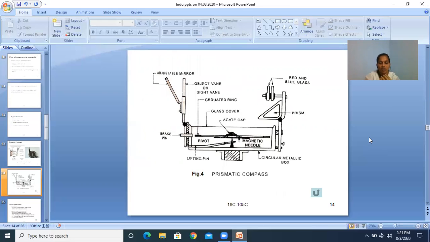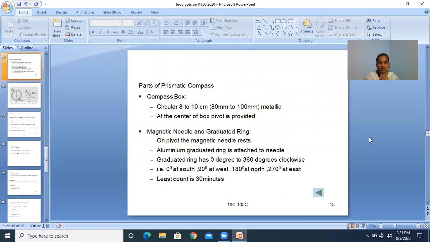Now we will see the parts of the prismatic compass. If you know the parts of a compass or any instrument, then you can easily use it in the field.